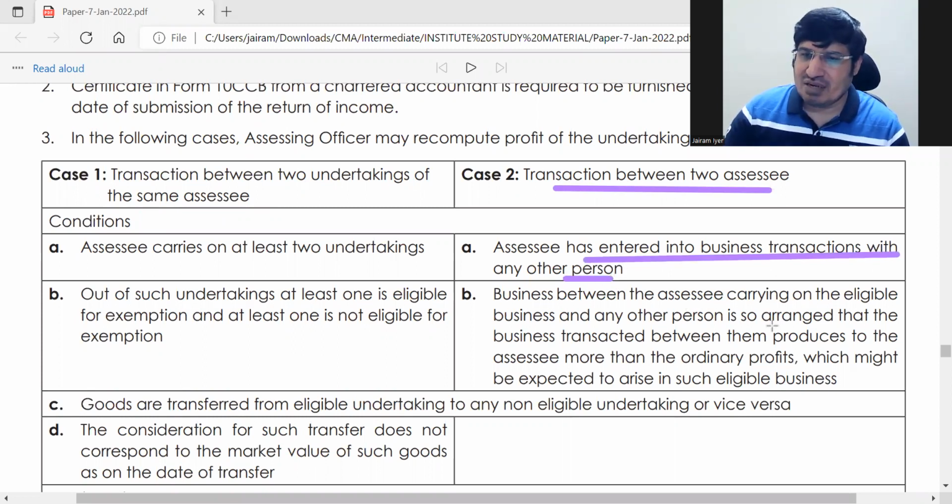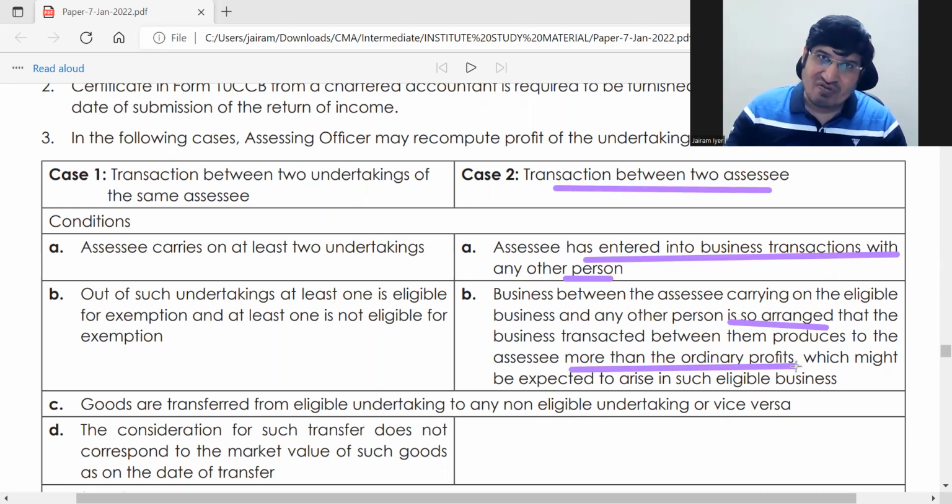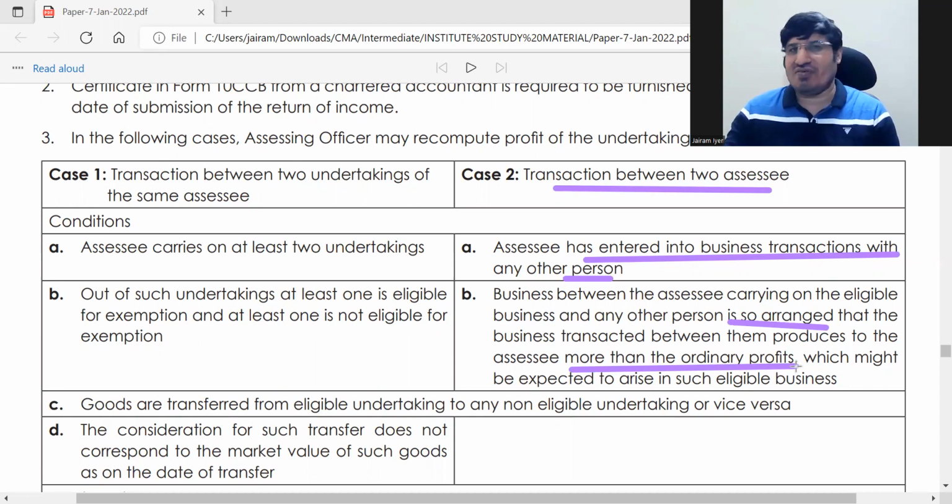The business is so arranged, such that the SSE will get more than ordinary profits. Why? Because the SSE will get 100% deduction, so it will take more than ordinary profits, and out of that it will take the advantage in some other way later on.